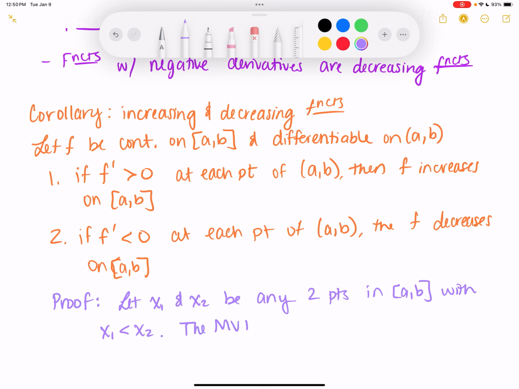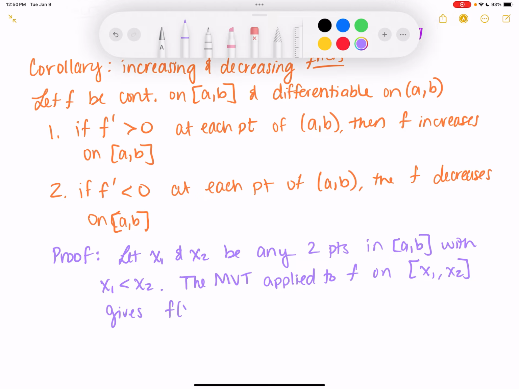The mean value theorem applied to f on the closed interval x1 to x2 gives f of x2 minus f of x1 is equal to f prime of c times x2 minus x1 for some c between x1 and x2.